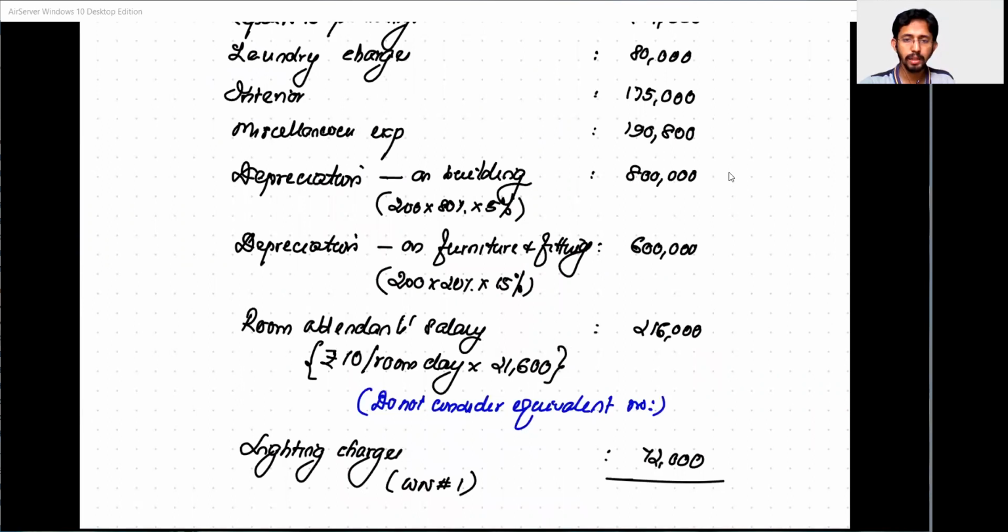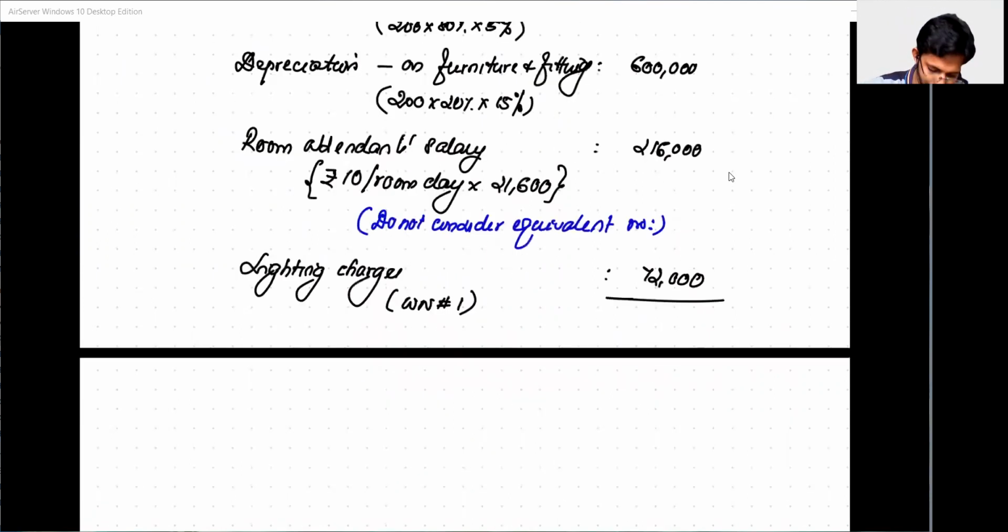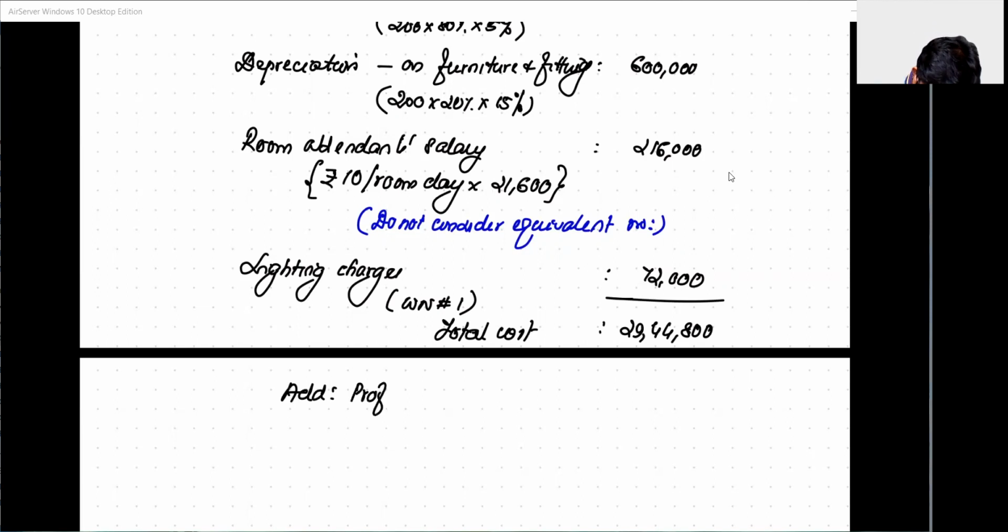So total will be 29,44,800. Total cost is 29,44,800.